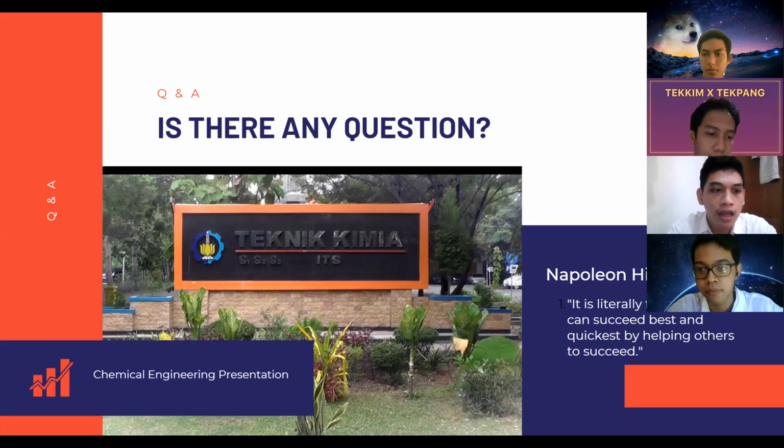Since FMCG products are directly consumed, they need to be produced at the least possible cost while adhering to the requirements of the consumer and quality parameters. The chemical engineer can be a process engineer or in quality control, so the product produced by the FMCG industries can be of good quality to be used by society.